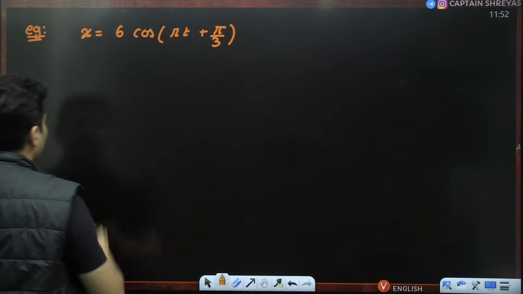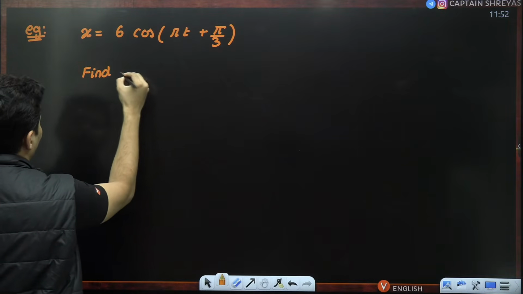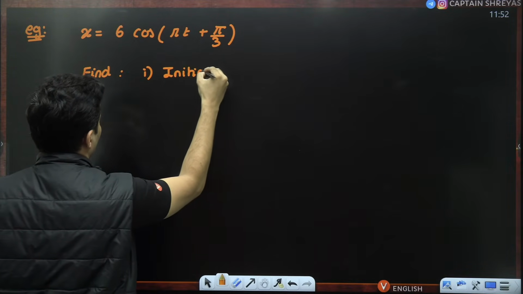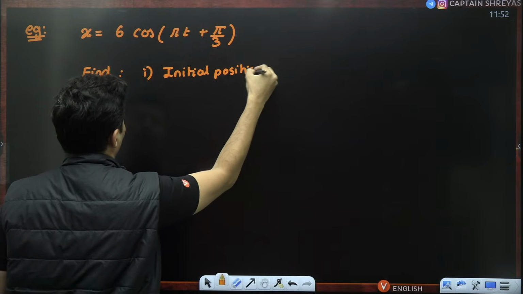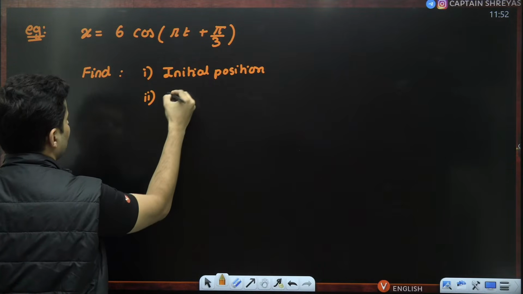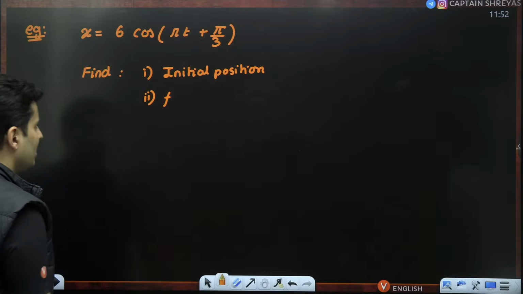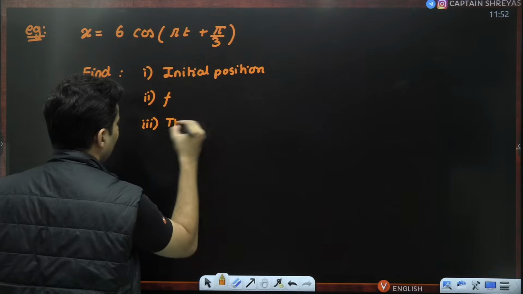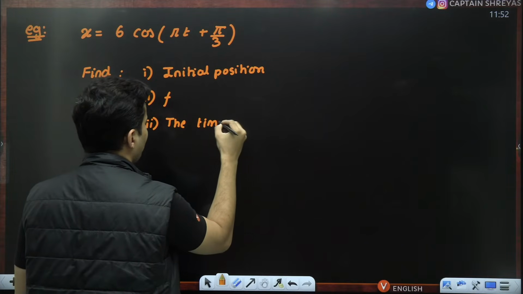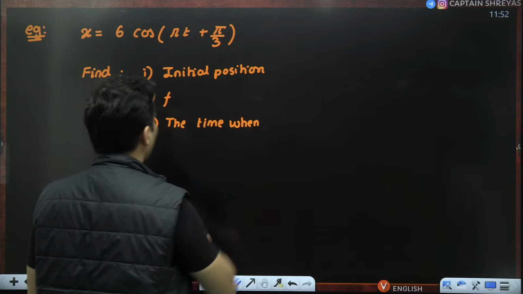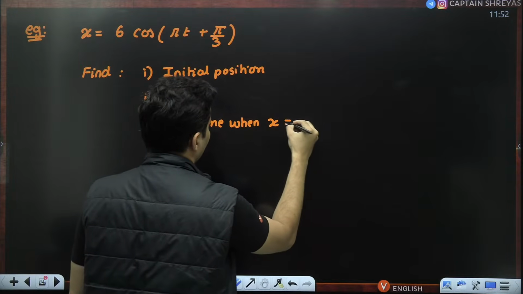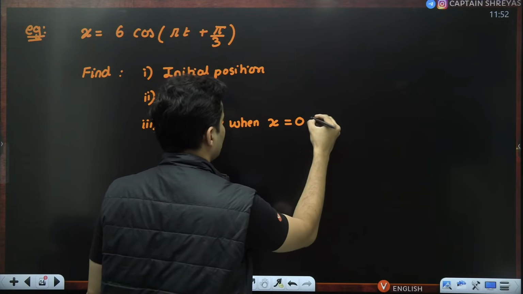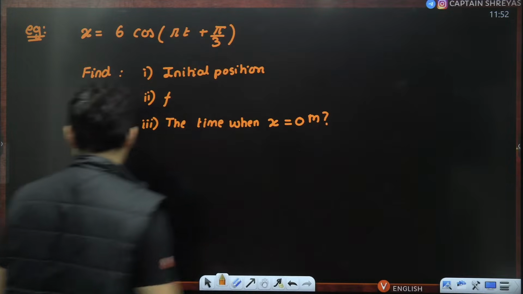Okay. Question is find: number 1, the initial position; number 2, the frequency; number 3, the time when x is equal to 0 meters.